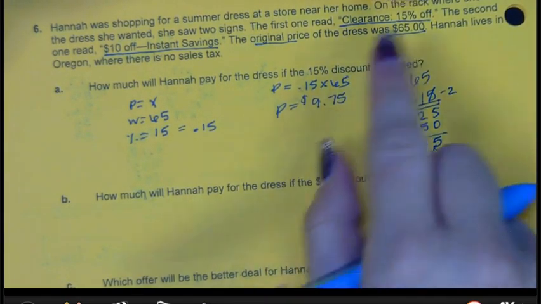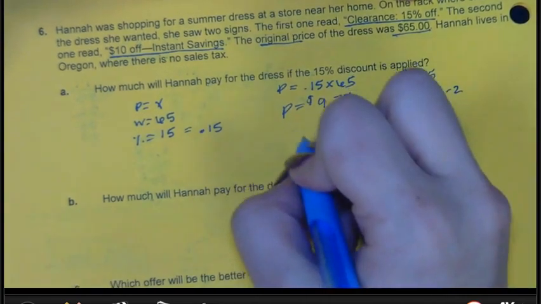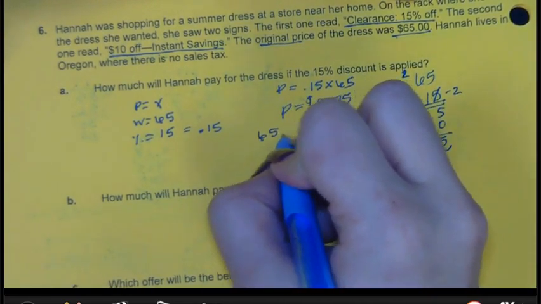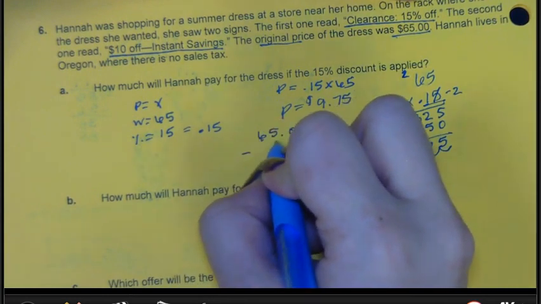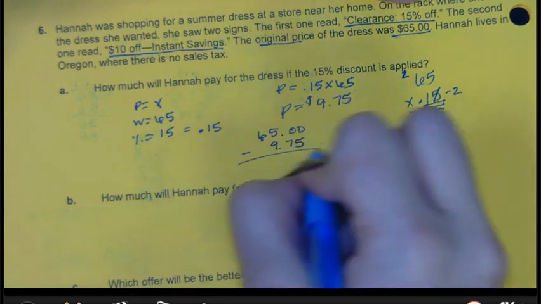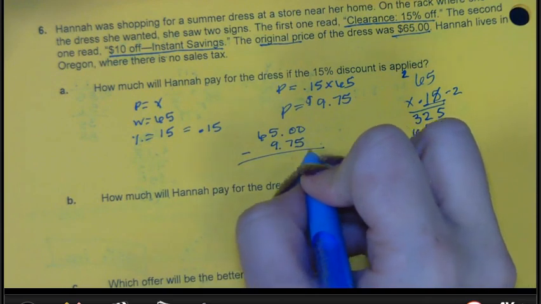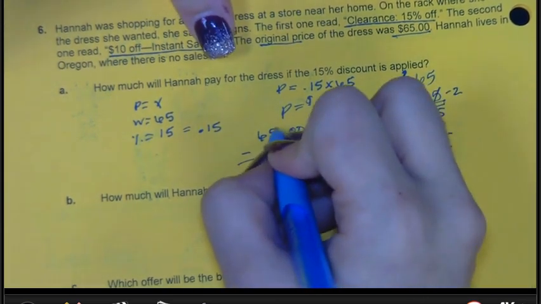Now, this is not how much our dress is. This is how much is coming off of our dress. So we need to go back and subtract. I'm going to add 2 decimal places, because when you're adding and subtracting decimals, you must line them up. I see that I have 0 minus 5, so I need to borrow.